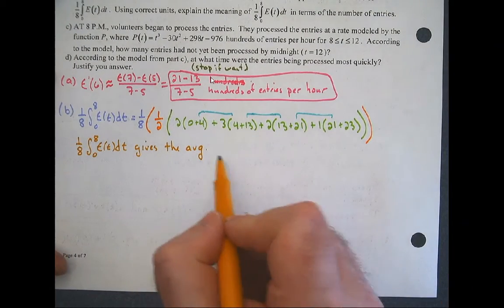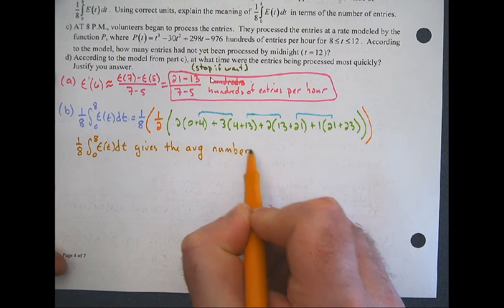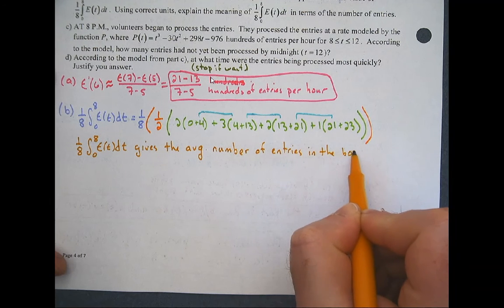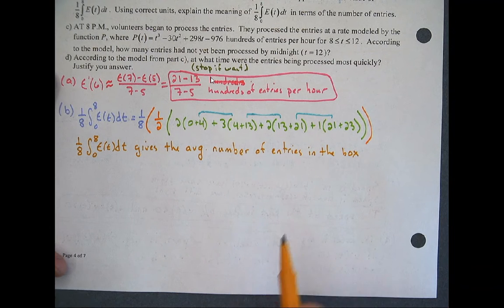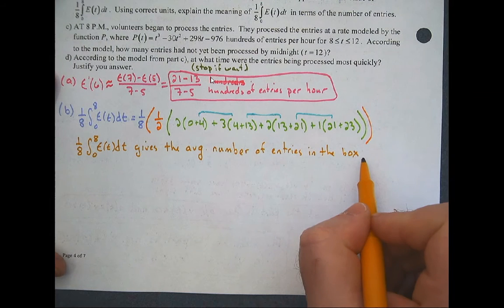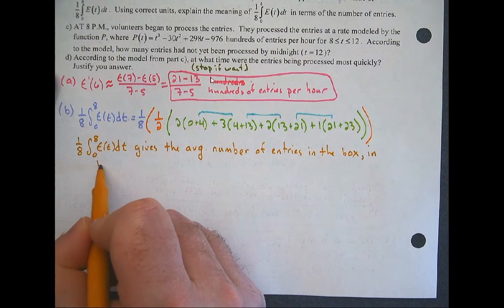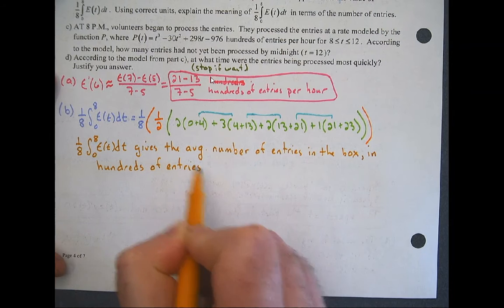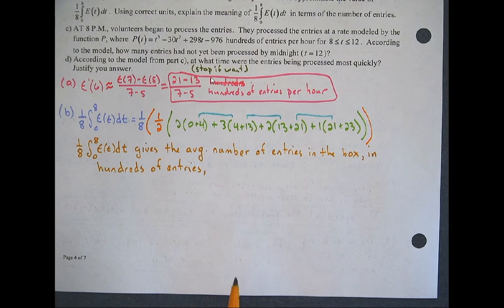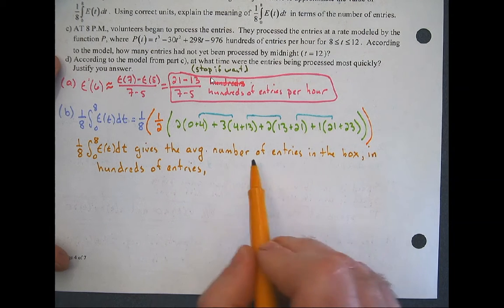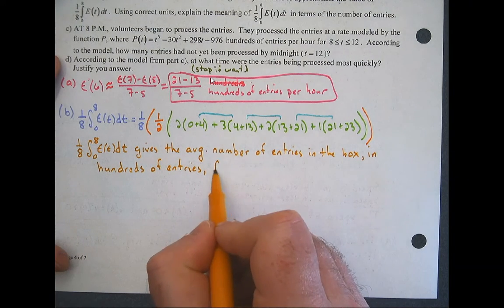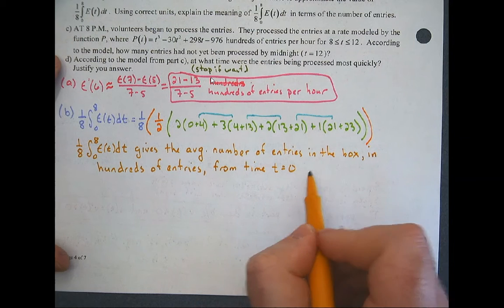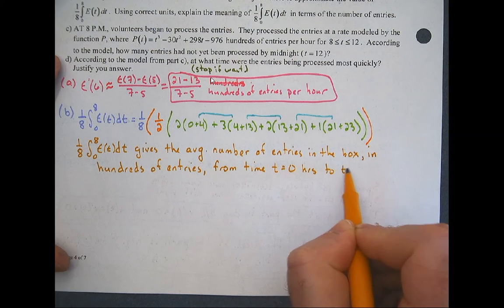So the average value would be the average number of entries in the box, in hundreds of entries, from time t equals 0 hours to t equals 8 hours.